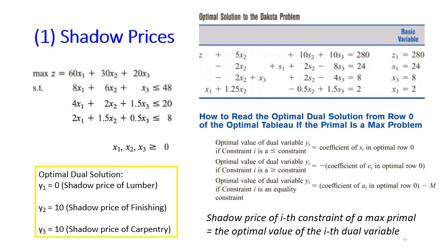The shadow price of the ith constraint equals the optimal value of the ith dual variable. Well, that's good. So it means that the shadow price of lumber is 0, the shadow price of finishing is 10, the shadow price of carpentry is also 10.